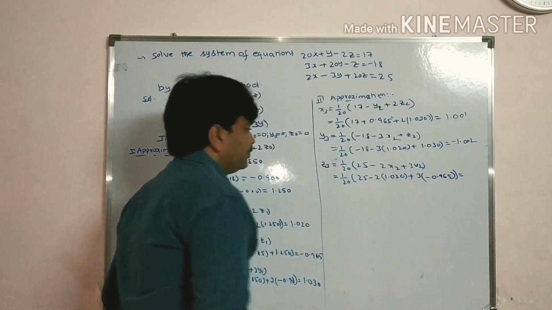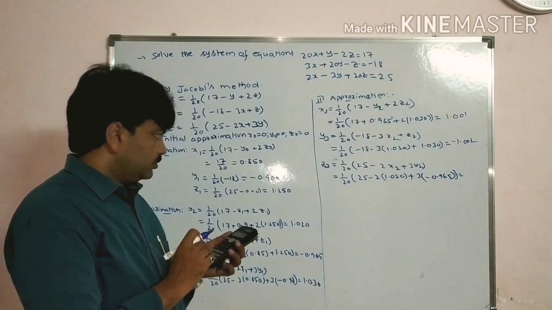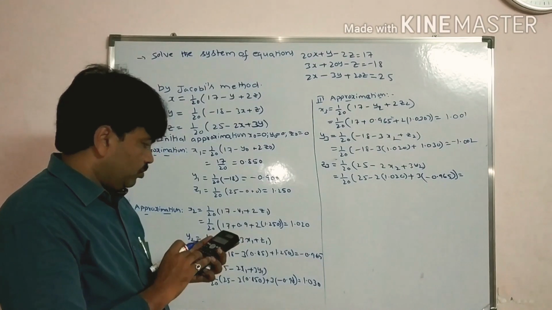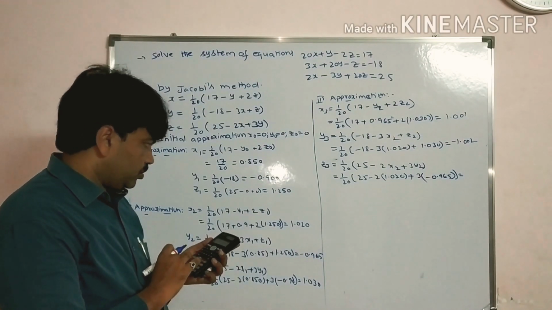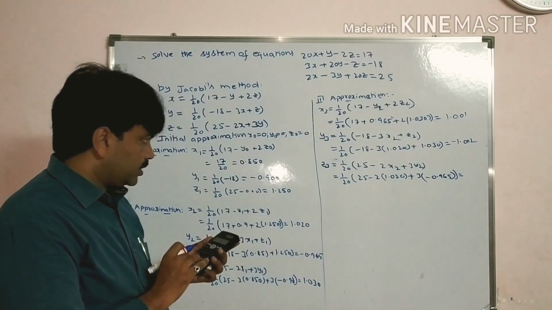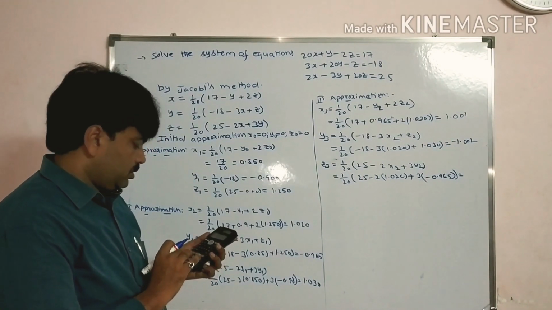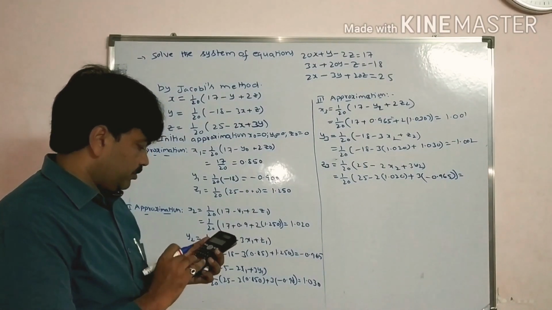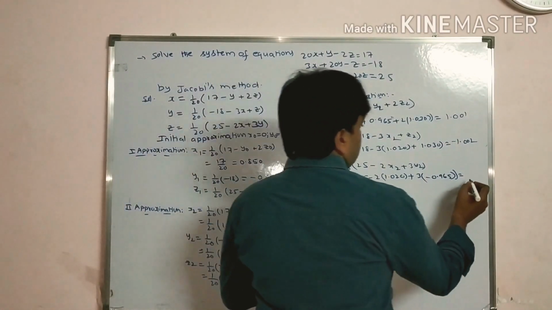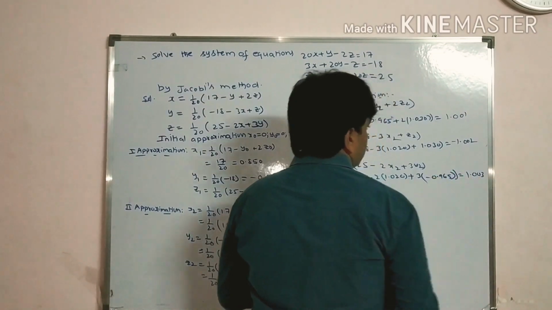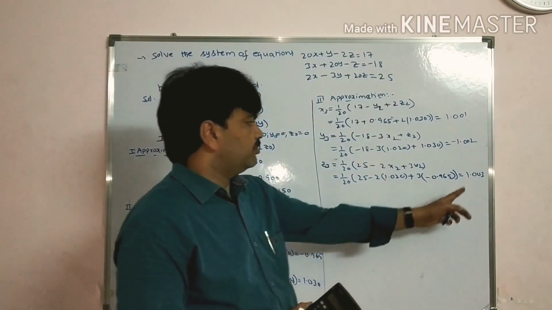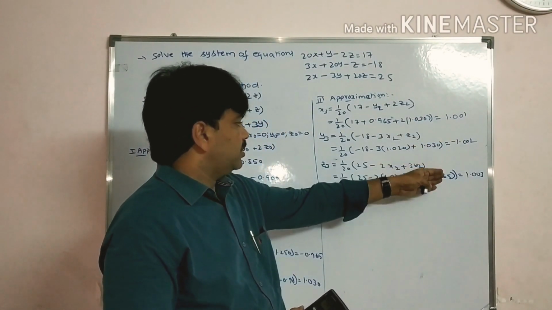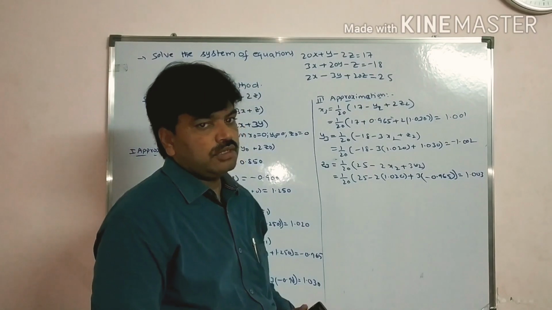That is equal to bracket 25 minus 2 into 1.020 minus 3 into 0.965, bracket close, divided by 20. We get here 1.003, students. See students, after the decimal point we have two zeros. We can take x is 1, y is minus 1 and z is 1.